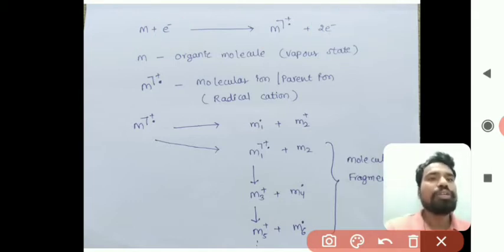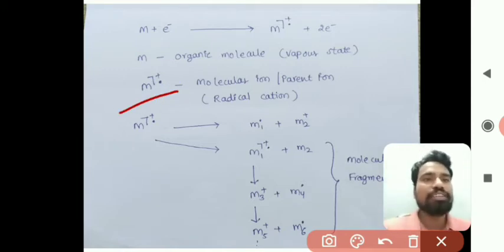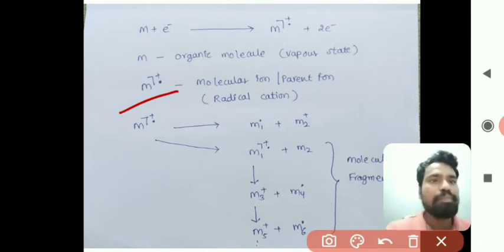So the basic thing here is that we take the organic molecule in the vaporized state, which results in a radical cation. This radical cation is called the molecular ion or parent ion. It is nothing but a species having a positive charge along with a single electron.